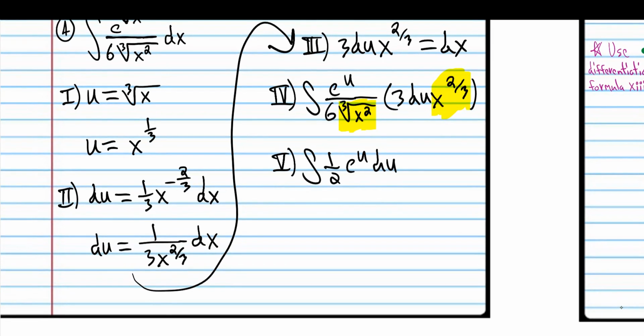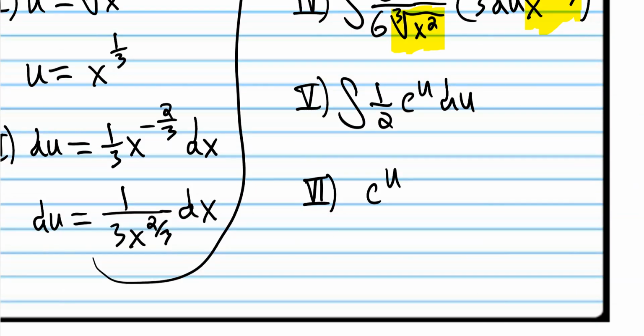The derivative of e to the u is just e to the u. So the antiderivative would just be e to the u. And then of course we can't forget our 1/2.